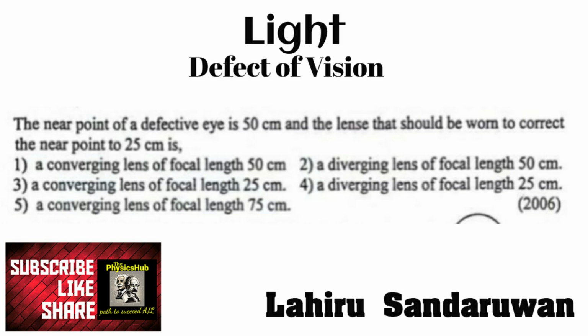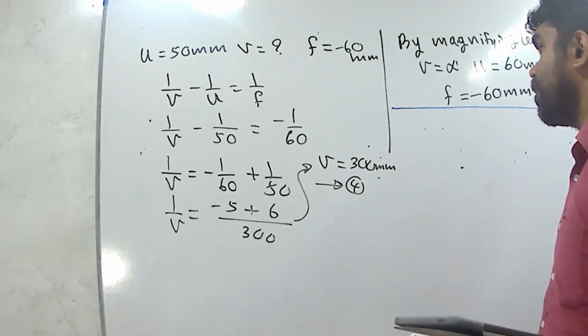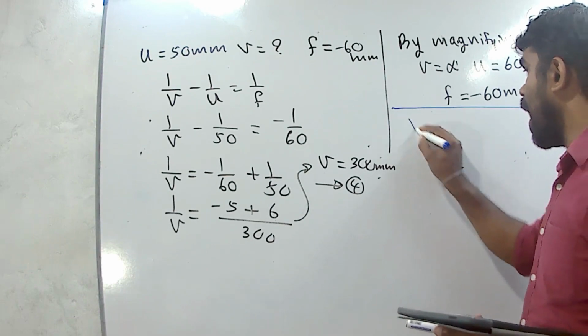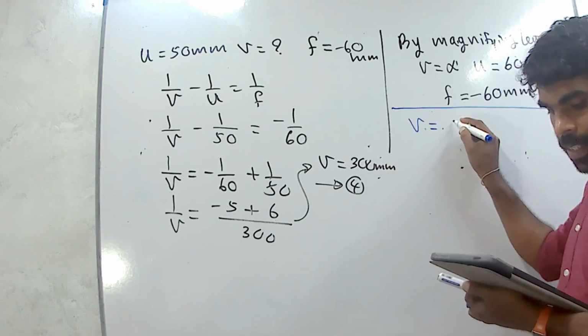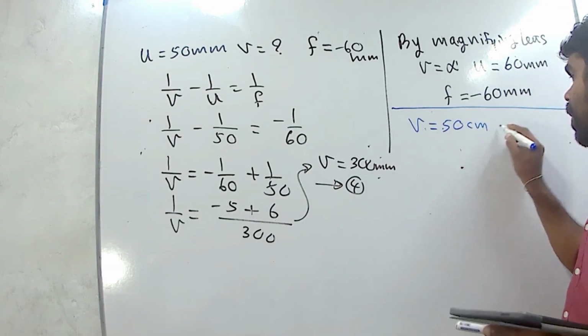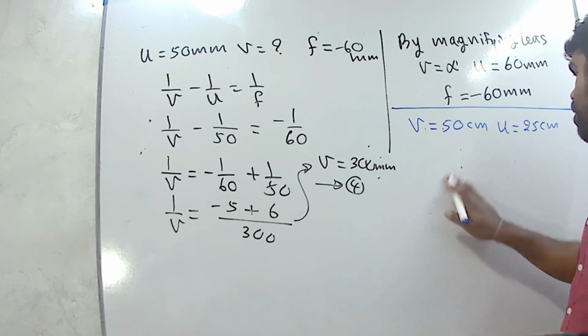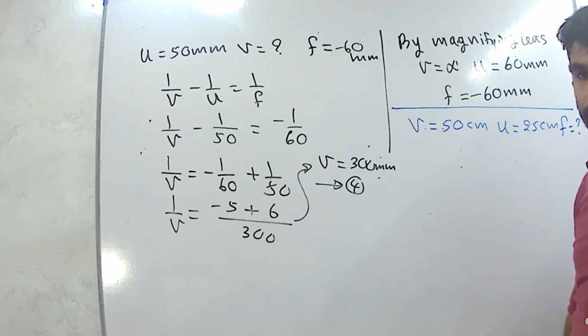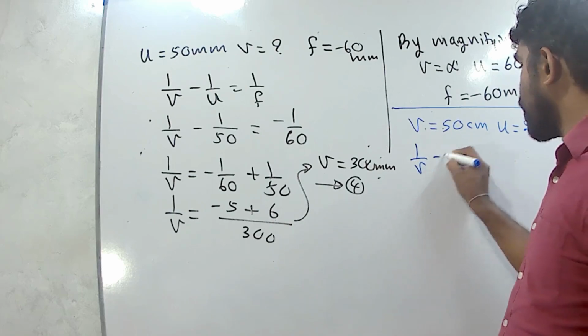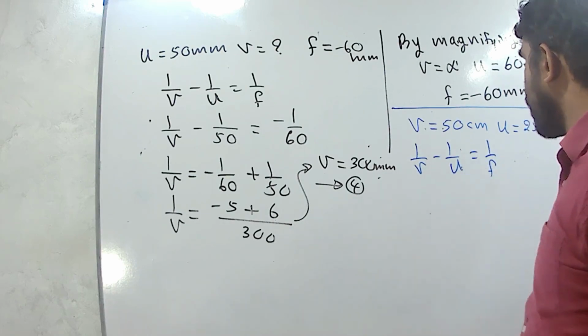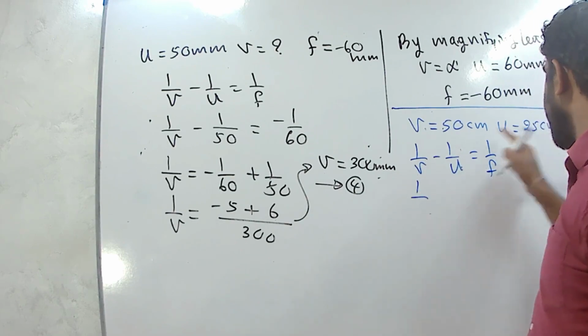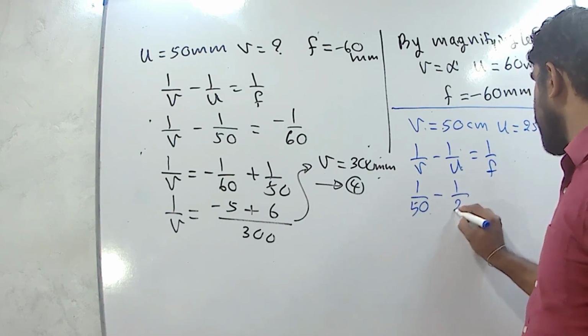The near point of a defective eye is 50 centimeters and the lens that should be worn to correct the near point to 25 centimeters. By wearing the lens, an image should be formed at the least distance he can see, 50 centimeters, by using an object at 25 centimeters. We have to find the focal length. Then 1 over V minus 1 over U equals 1 over F. Lens formula: image distance is 50, object distance is 25.